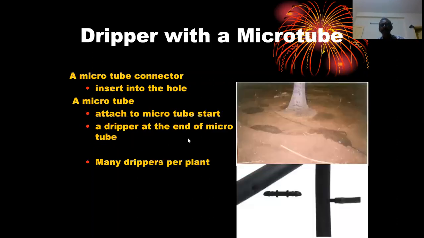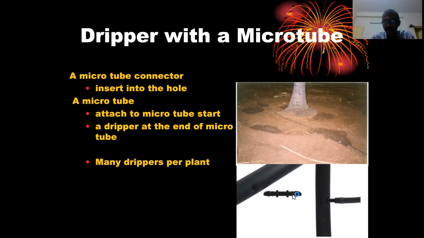And sometimes when you have a tree like a mango tree or a coconut tree, one may need to apply water at different points. In that case, small micro tubes can be taken out from the lateral, and a micro tube connector can be connected with the lateral after making a hole inside the lateral.